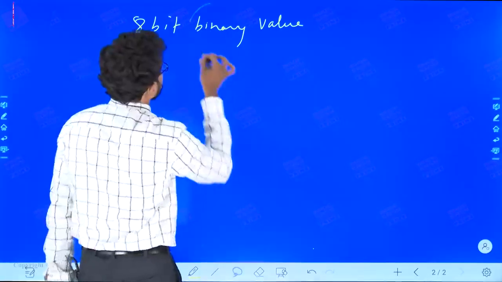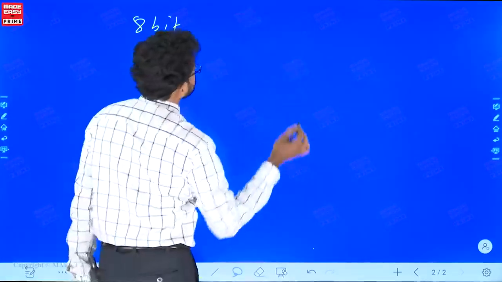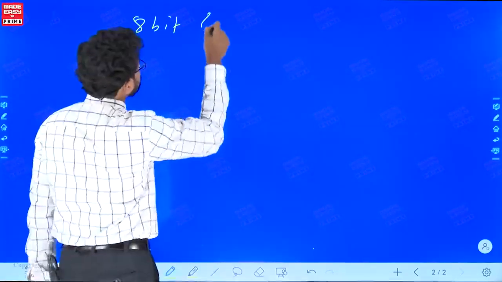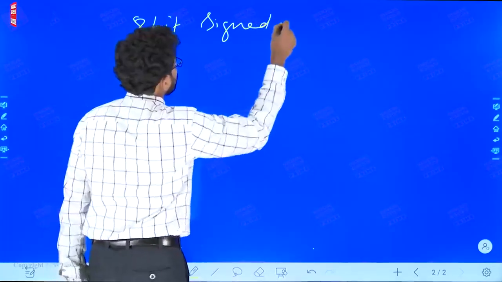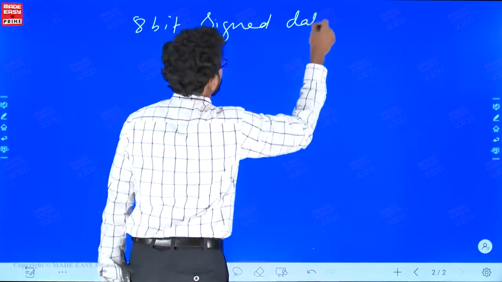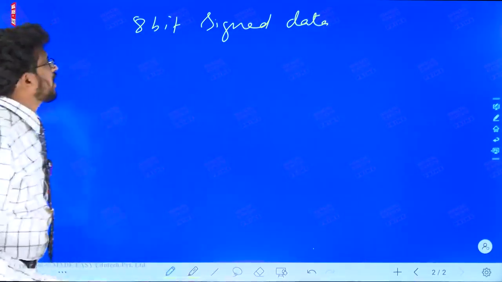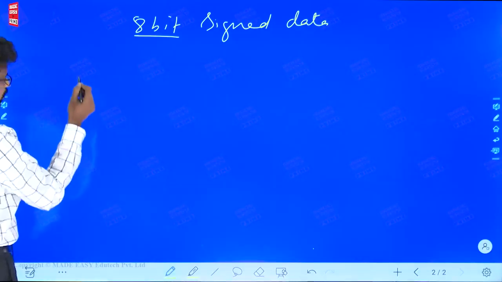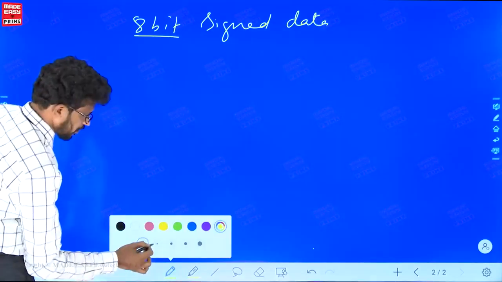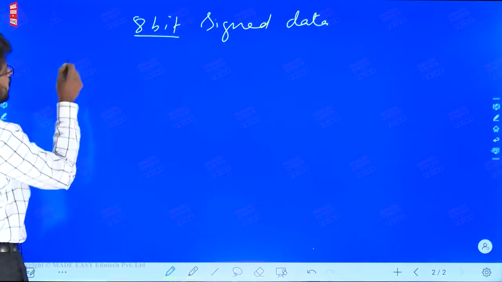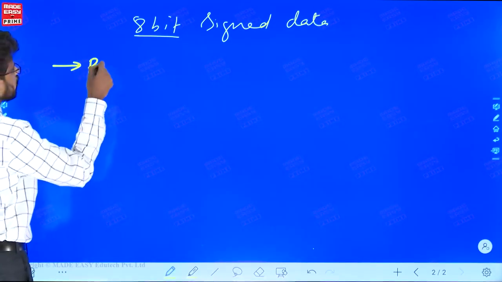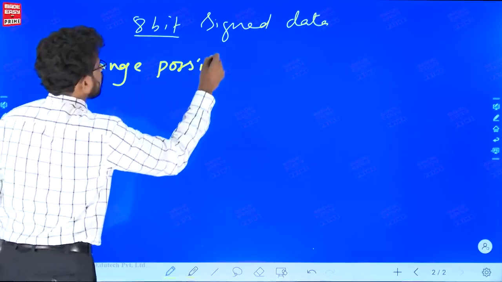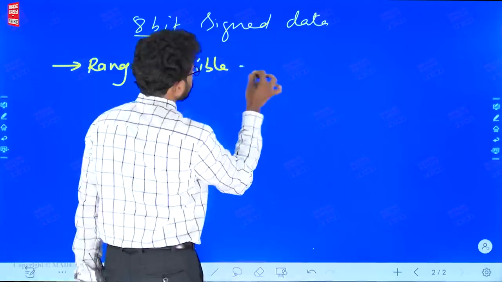Let us consider 8-bit signed data. Tell me, for n-bit signed data, what is the range that can be represented? What is the range possible for n-bit data?